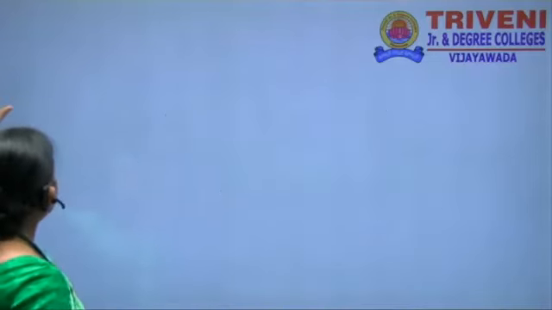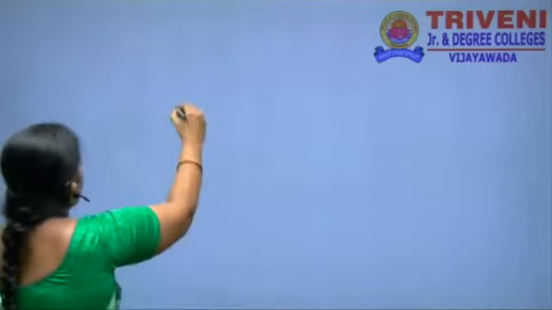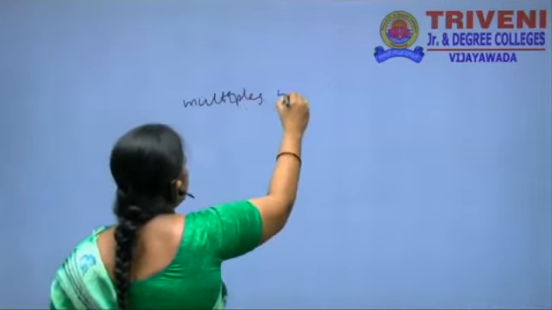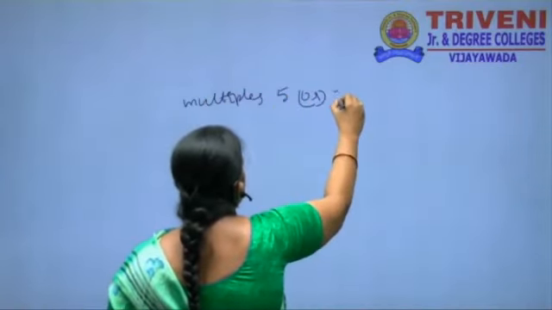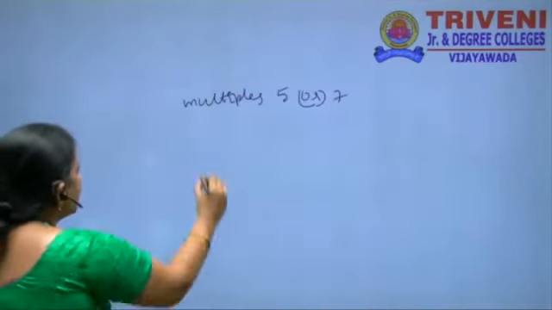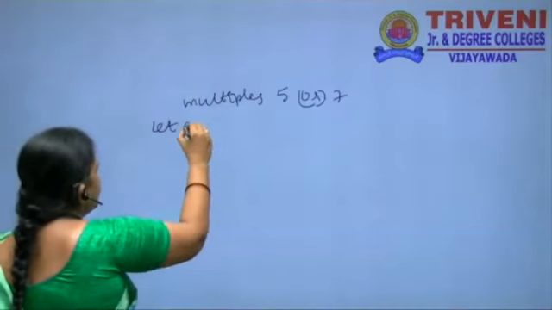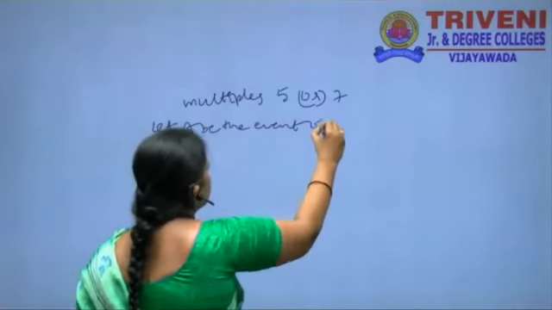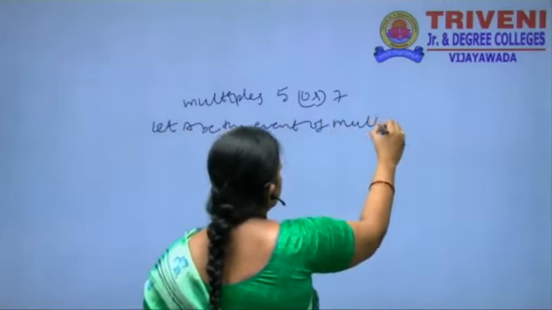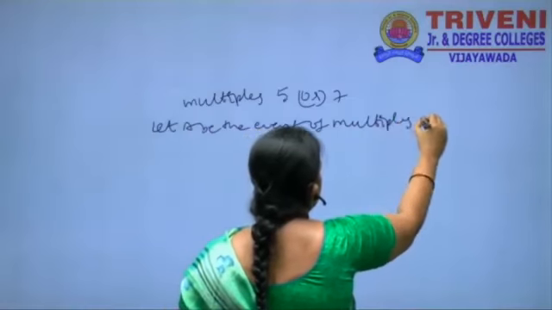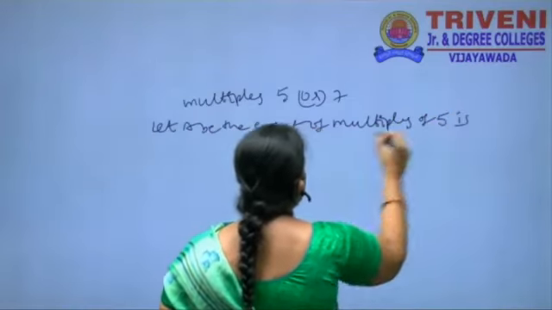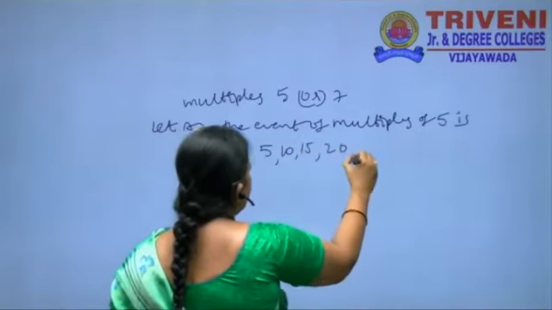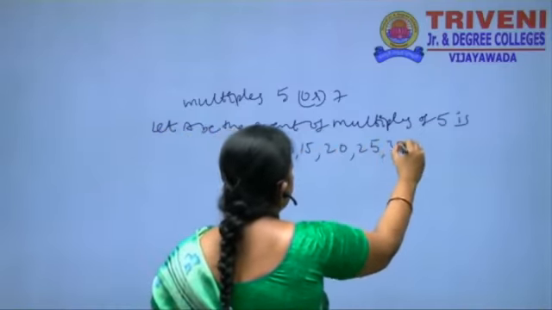And the next one is multiples of 5 or 7. Then let A be the event of multiples of 5, which is 5, 10, 15, 20, 25, 30.